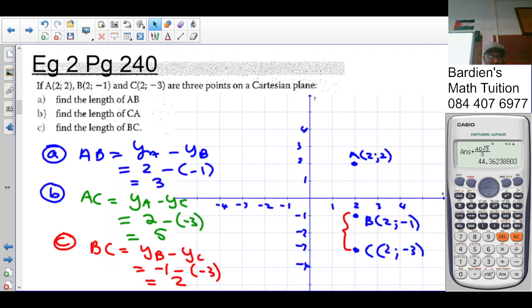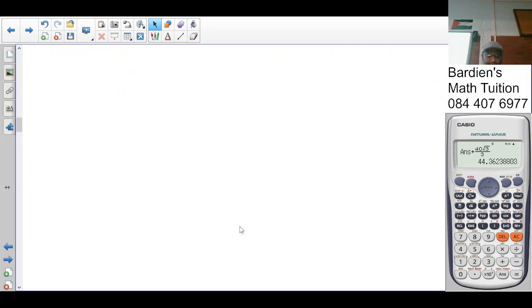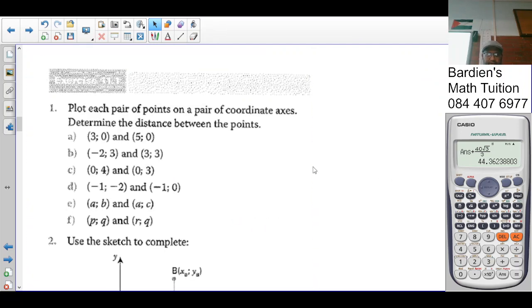Homework: exercise 11.1, the whole exercise. We are in the FAT band now, no? So you must do a little more than what we did before.